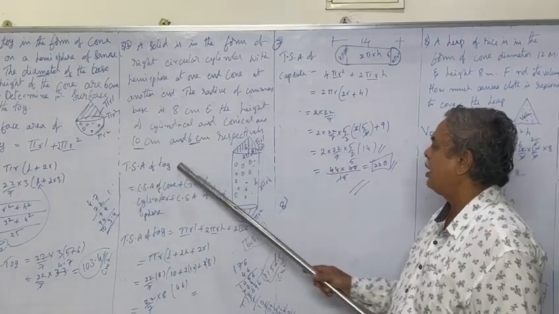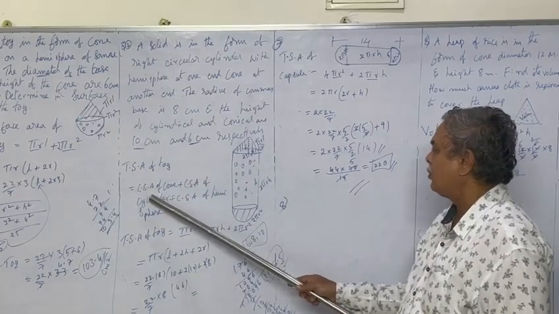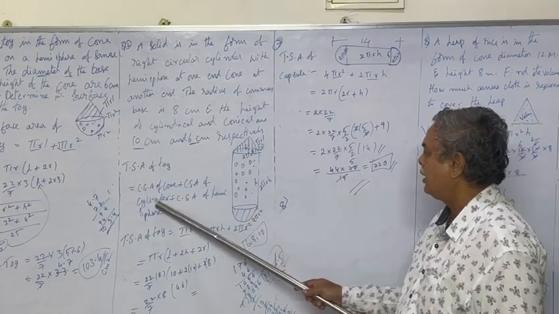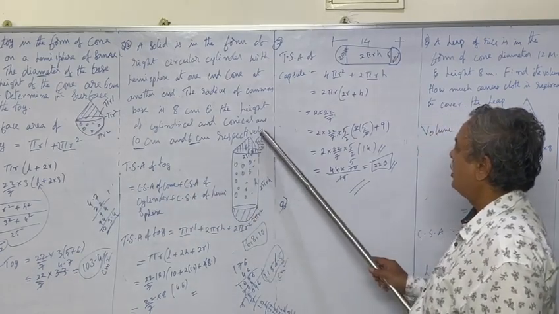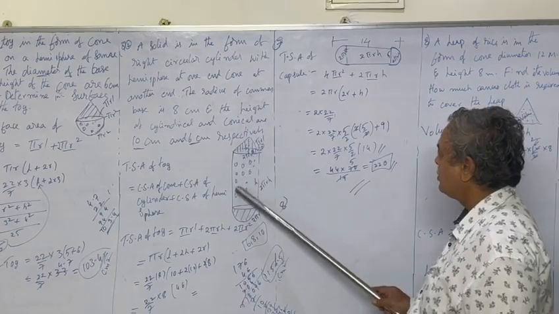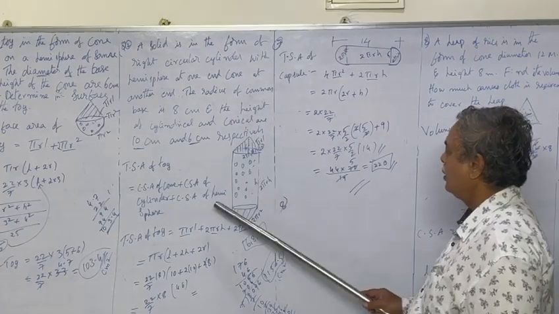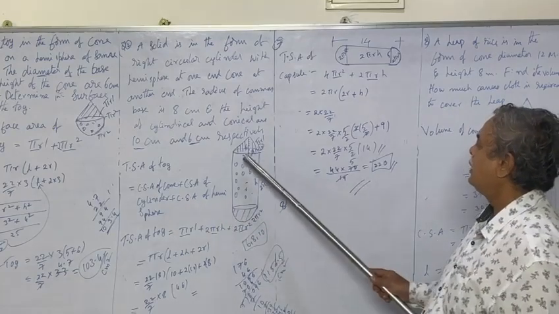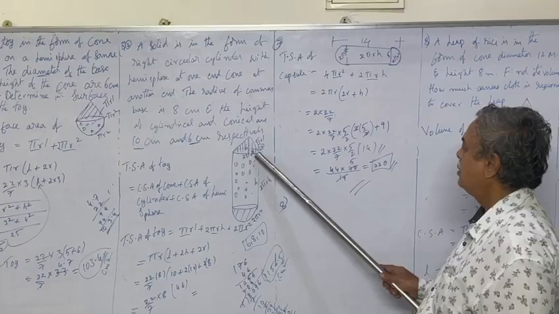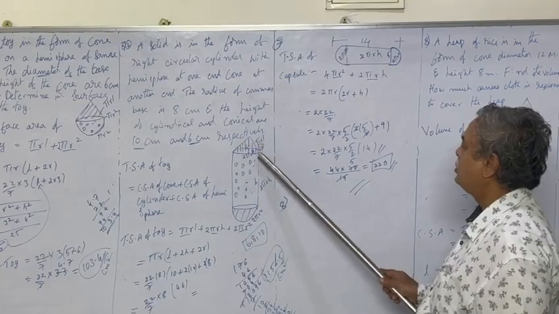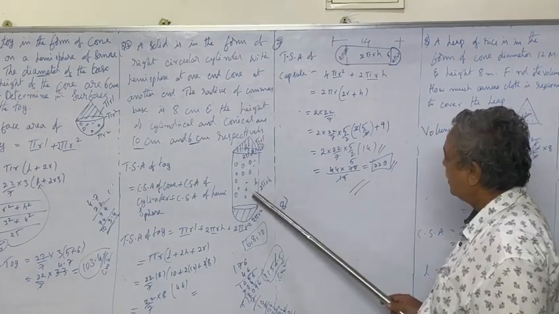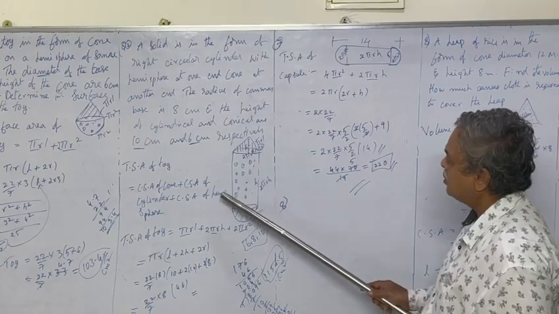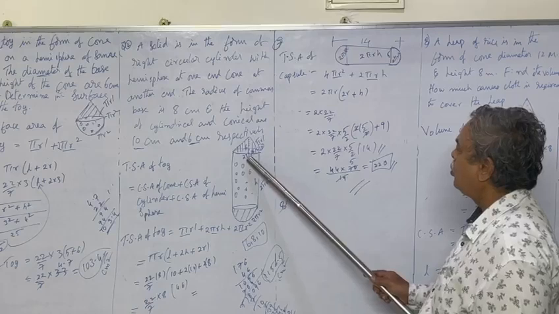Totally, TSA is equal to curved surface area of cone plus curved surface area of cylinder plus curved surface area of hemisphere. The curved surface area of the cone is equal to πrl, and the curved surface area of the cylinder is 2πrh.